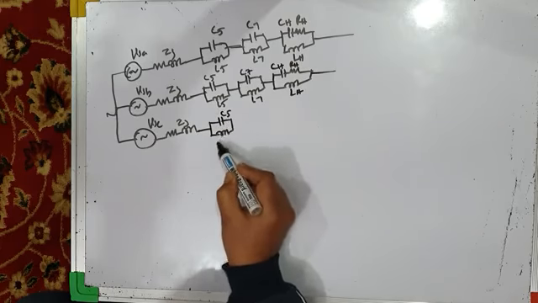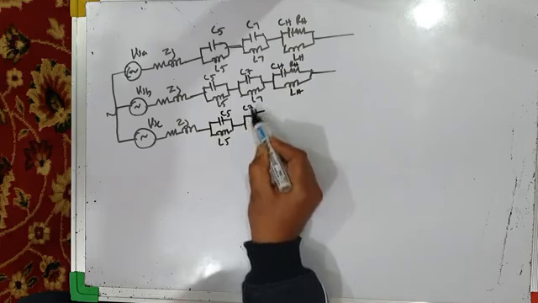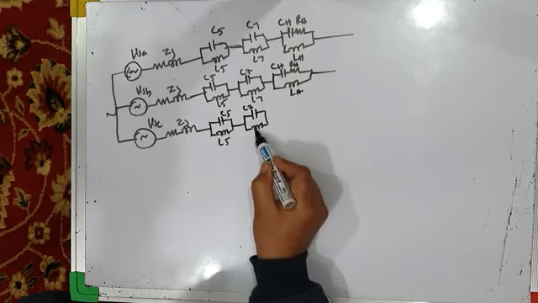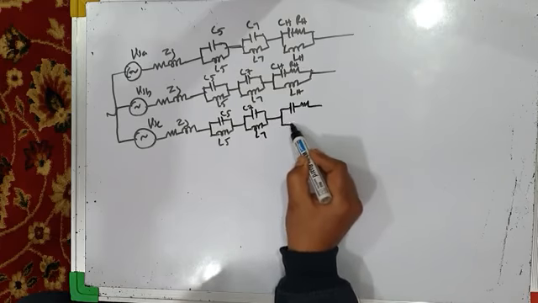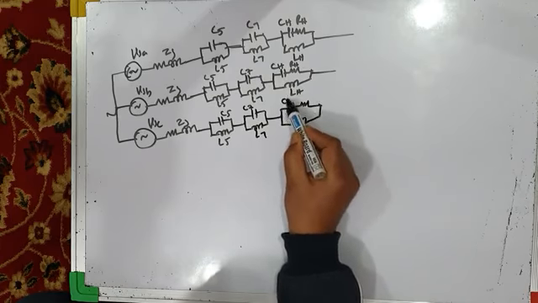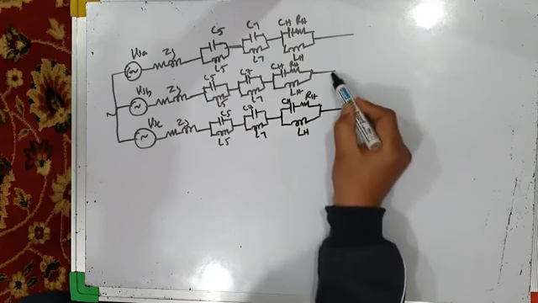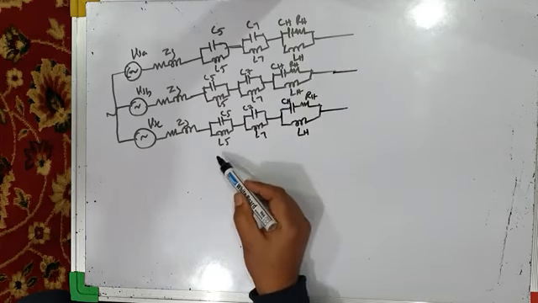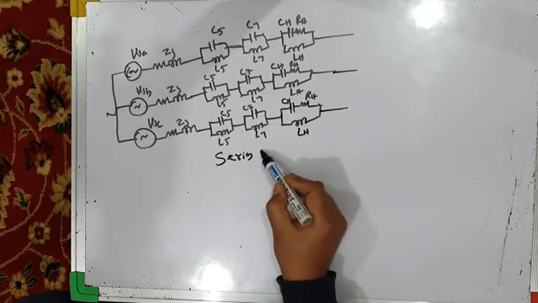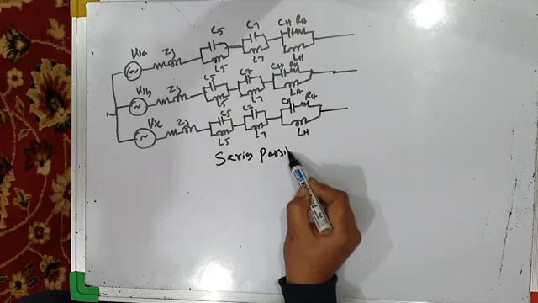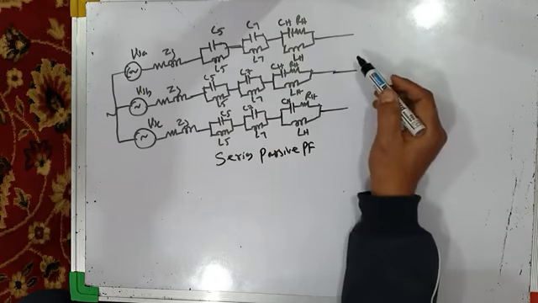This is C5, L5, C7, L7, CH, RH, LH. So these are series power filters. This is series passive power filter. And then your shunt filter may also be passive like this.